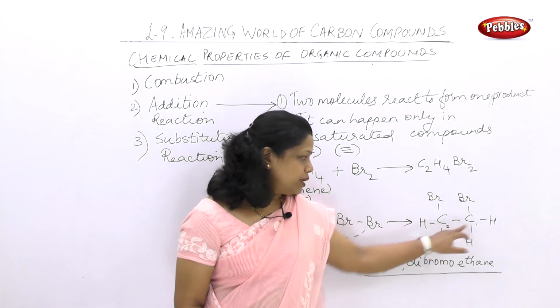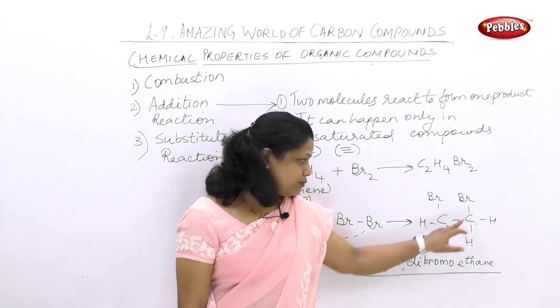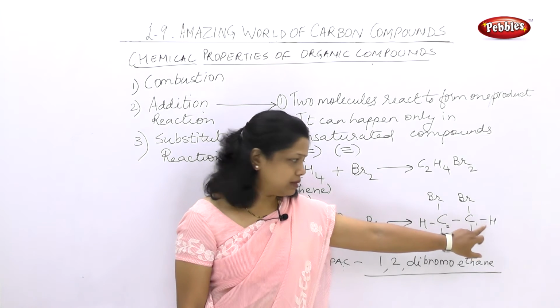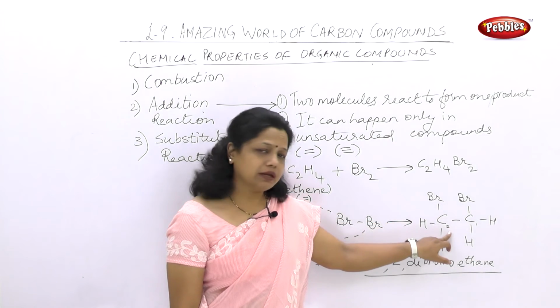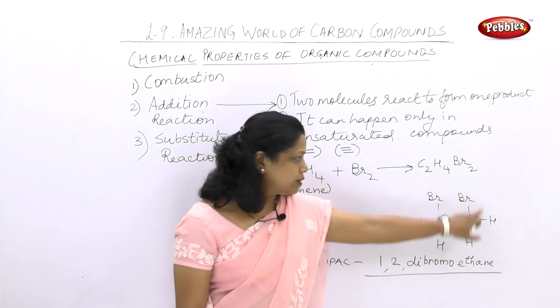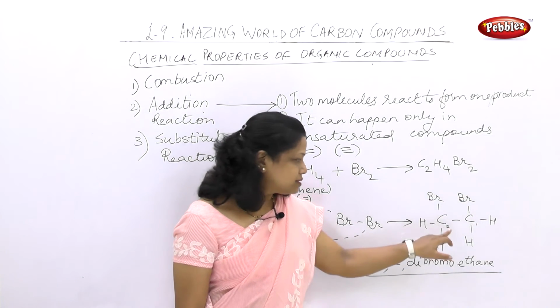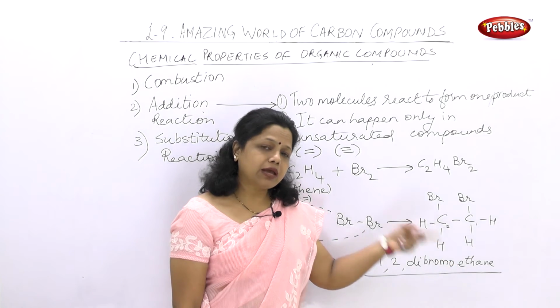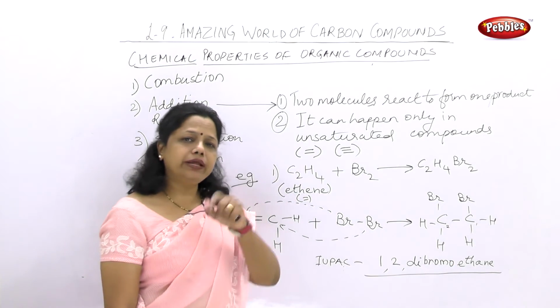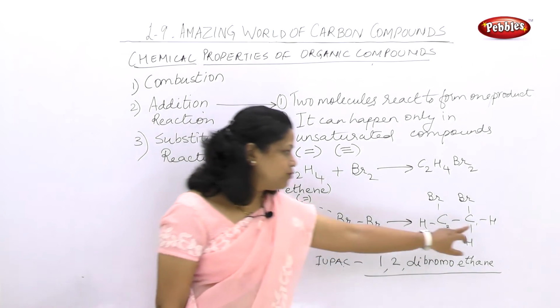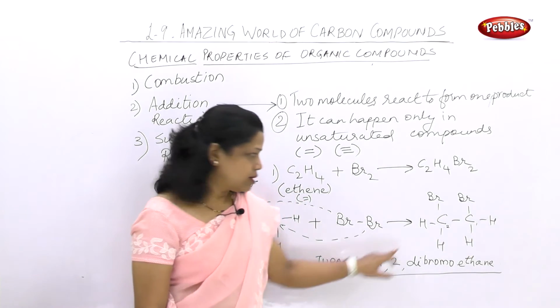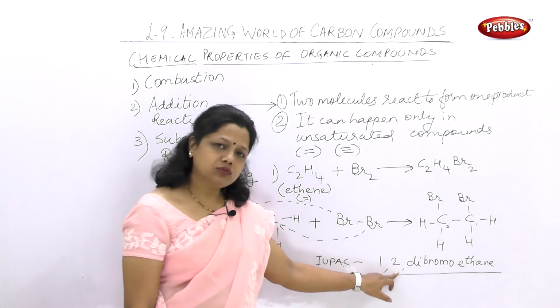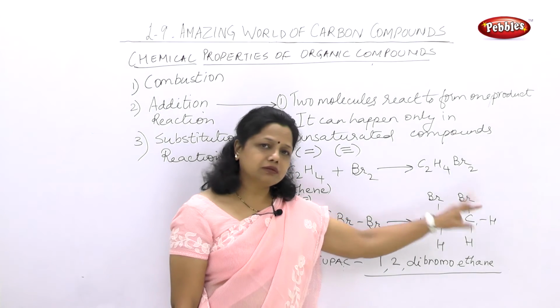Again see, how many carbons are there? 2. We have to start naming from the right side. This is the first carbon, this is the second carbon. At the first carbon, 1 bromine is attached. At the second carbon, the second bromine is attached. So while naming it, according to IUPAC, we have to number the carbon atoms. So I will name first as 1, second as 2. How many bromines are present? 2.